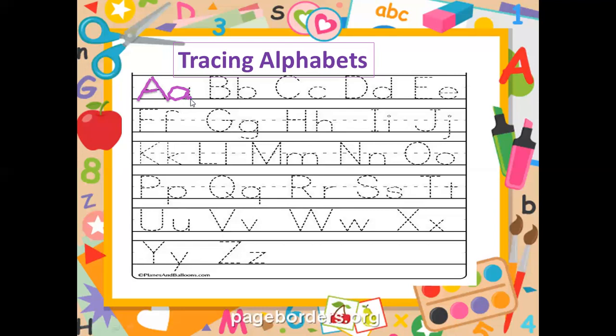Now let's try it once more. Do you want to try it once more? Yes? It's okay. We are going to try it again. A circle just like a zero and then a small standing line with the little curve.